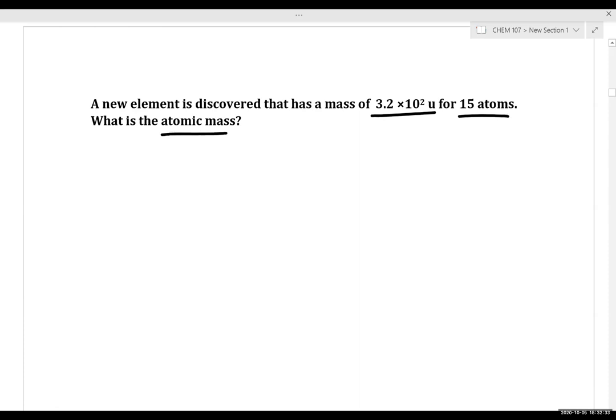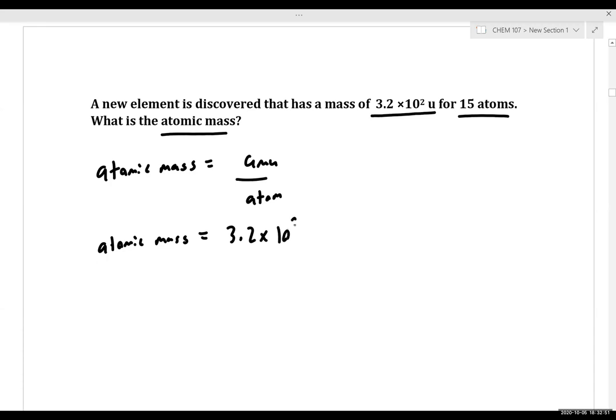So we're asked, what is the atomic mass? Atomic mass is the mass in AMU per atom. So to calculate our atomic mass for this new element, we're going to take the mass in AMU and divide it by the number of atoms.